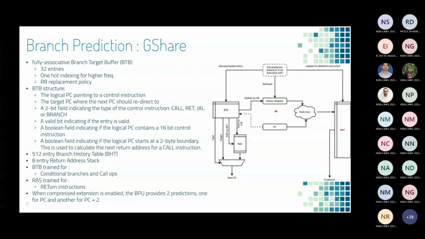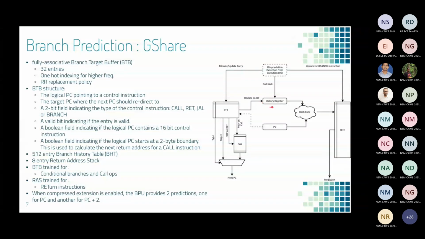What this history register stores is 1 bit for all the last 8 branches. Right? And each bit, if it is 1, means that particular branch was taken. 0 means it's not taken. So if I have a pattern of 1, 1, 1, 1, 1, 1, 1, 0, it means the last branch was not taken and the 7 branches before that were all taken.